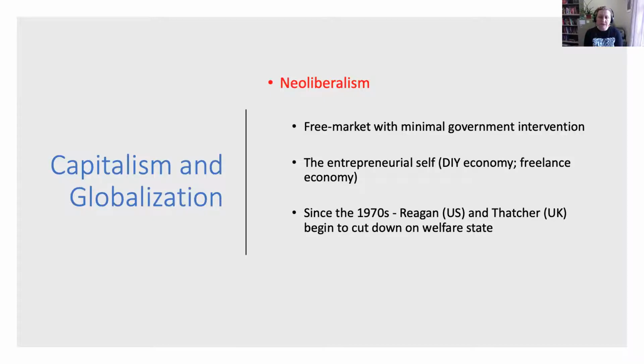And so historically, we talk about neoliberalism as rising since the 70s, and the beginnings of this phase are the 1970s, when Donald Reagan was the President of the United States, Margaret Thatcher, the Prime Minister of the UK.